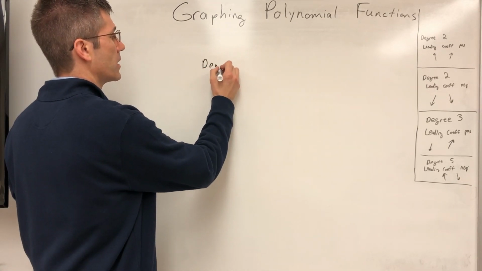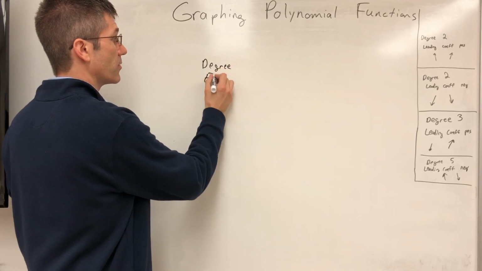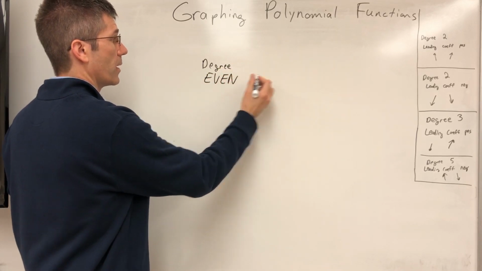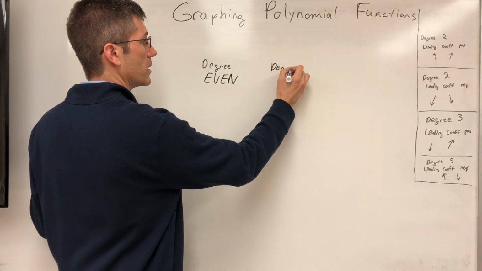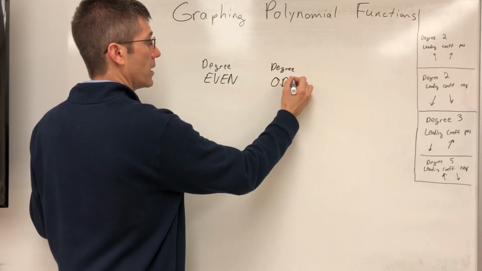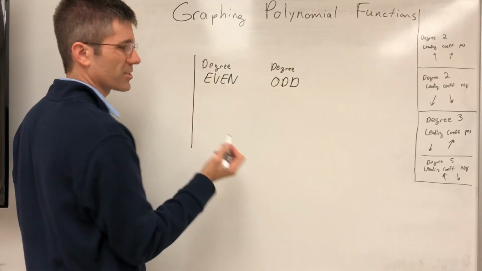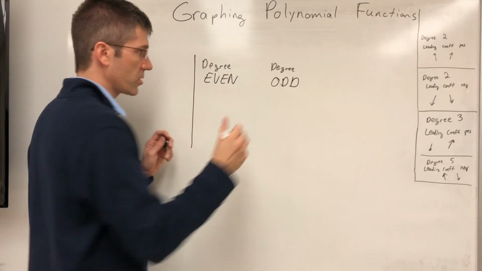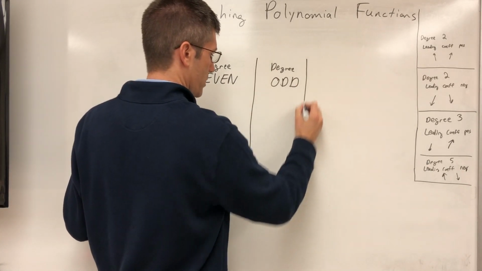My degree is even, and my degree is odd. This is going to look like the box method, but it's not intended that way.